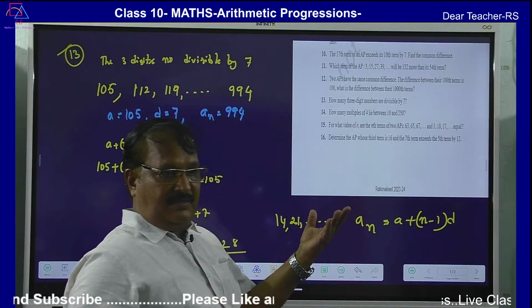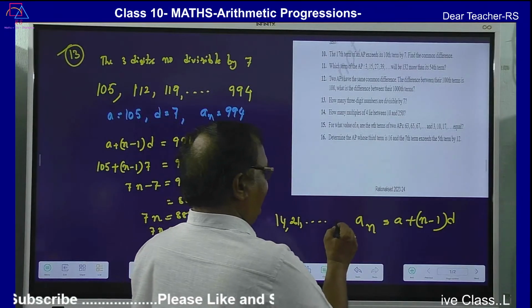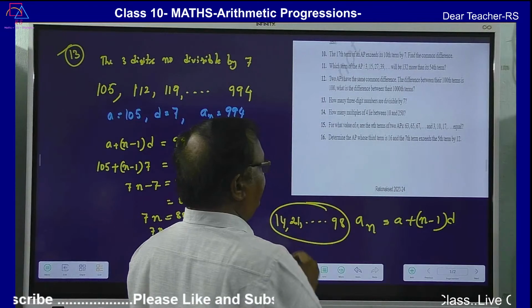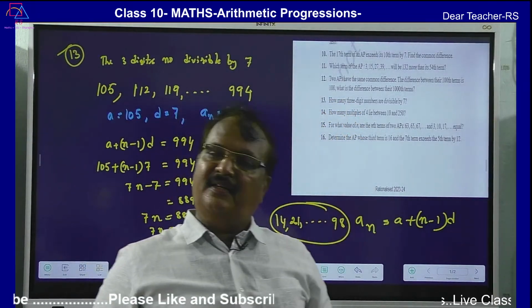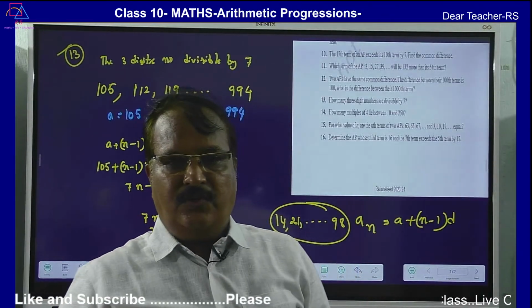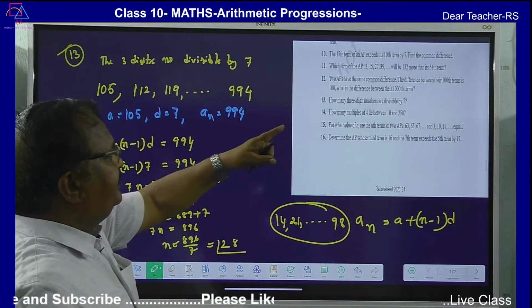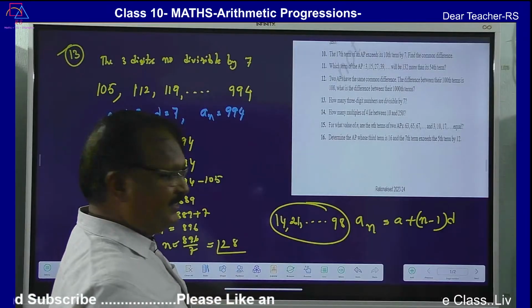Last number, 98. So this is a 2-digit number. Sometimes these 3 digits may become 2 digits. So, very, very important question. So, there are 128 terms, 3-digit numbers which are divisible by 7.